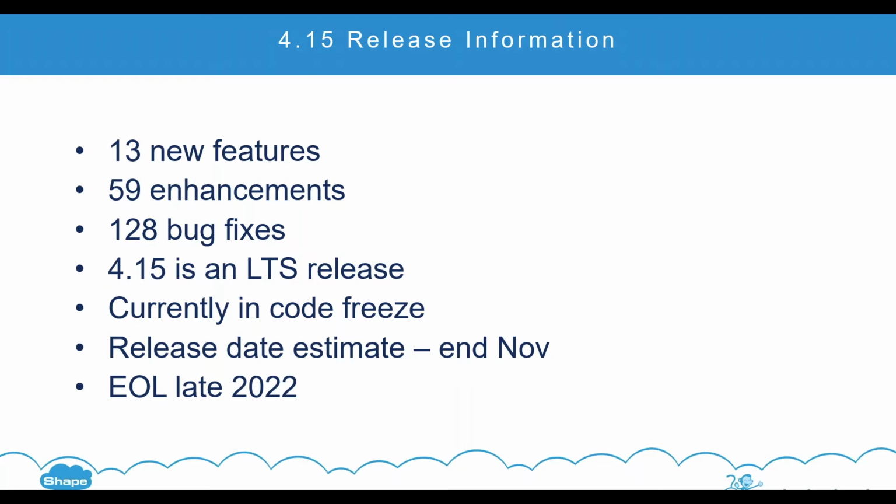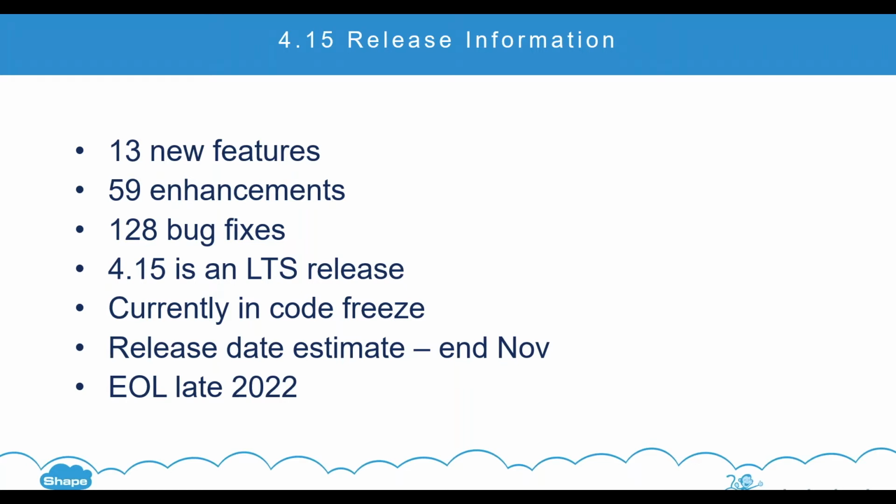What we're working with today is a recent build which has most of the functionality in. This release 4.15 will have its standard 2-year LTS support from the community, so effectively it will be end of life in late 2022.